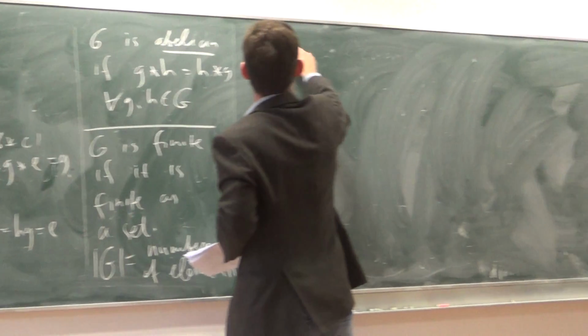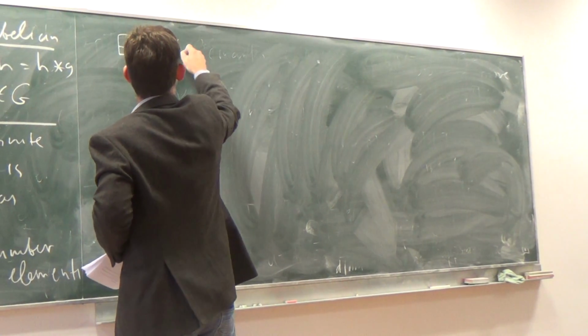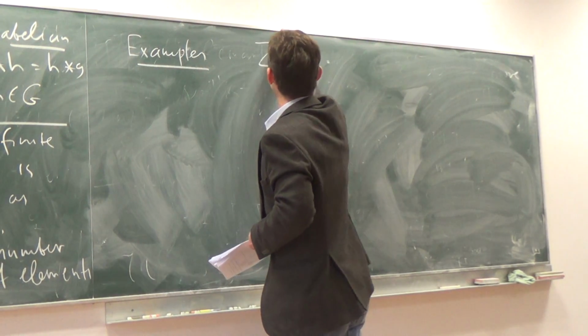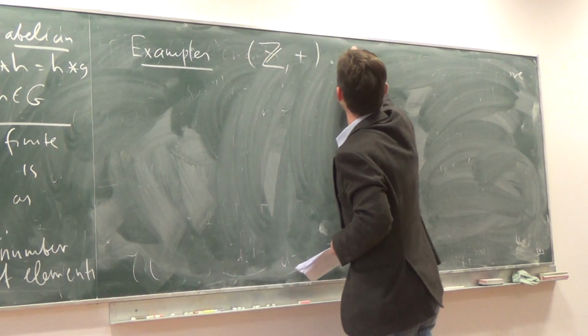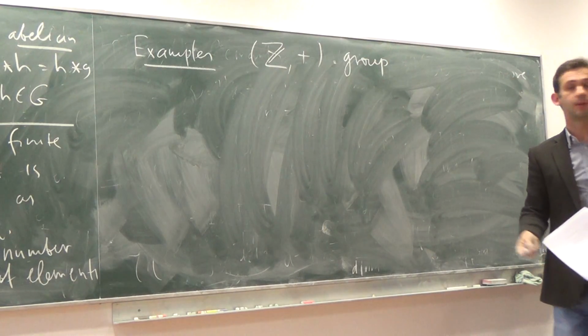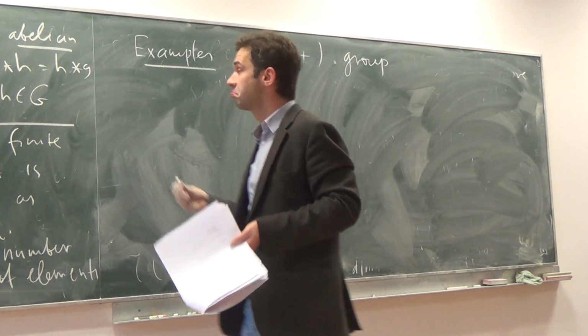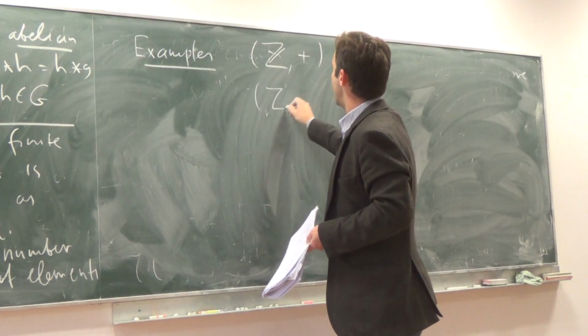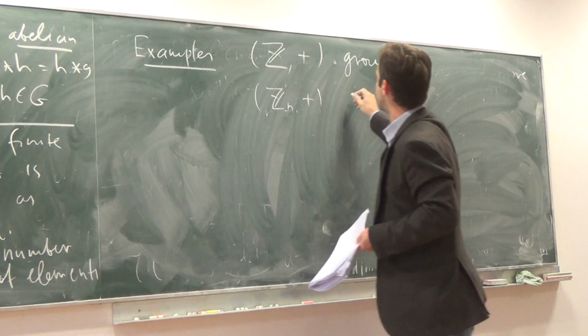So, examples. Z with plus is a group. Adding integers makes them a group. The inverse is minus. Another one is Zn with plus, which is a group.